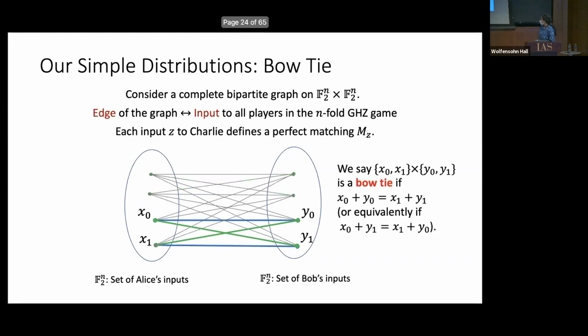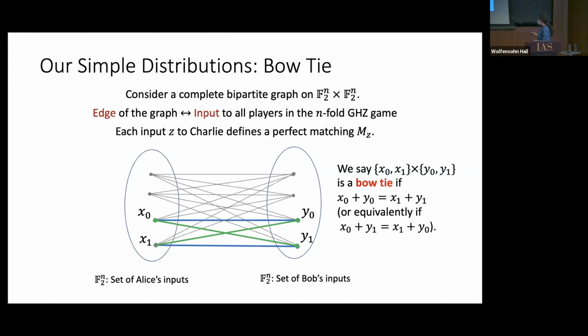And when you combine two different matchings, you get a bow tie. So a bow tie is basically a 2x2 complete bipartite graph where two of the edges come from one matching and two of the edges come from the other matching. More formally, we say that these four edges, x0, y0, x0, y1, x1, y0, and x1, y1, form a bow tie if x0 plus y0 equals x1 plus y1.